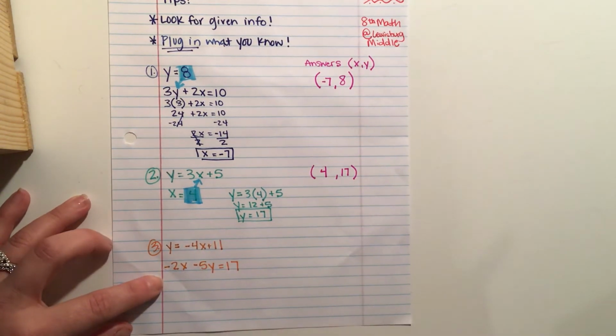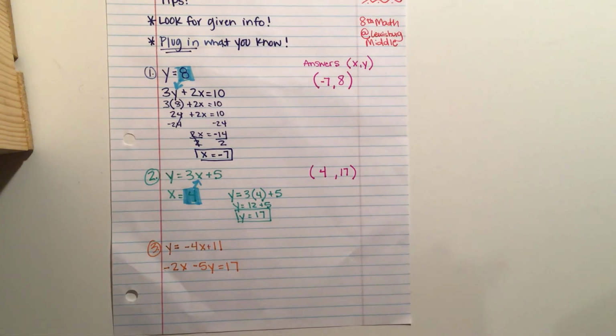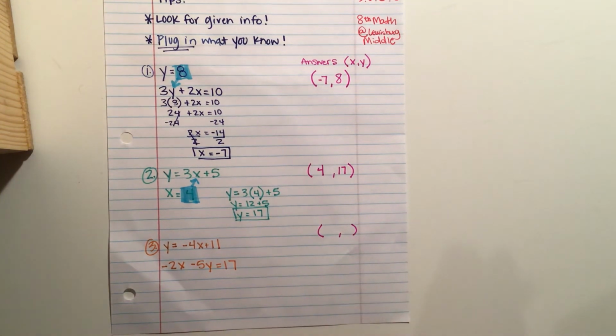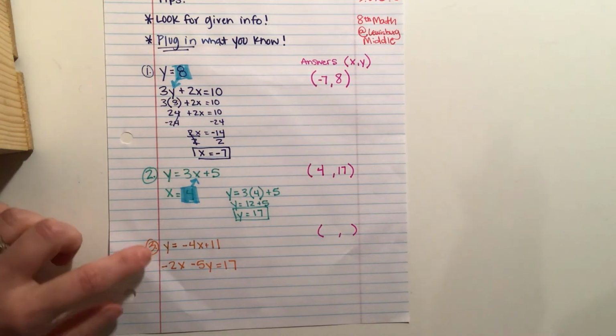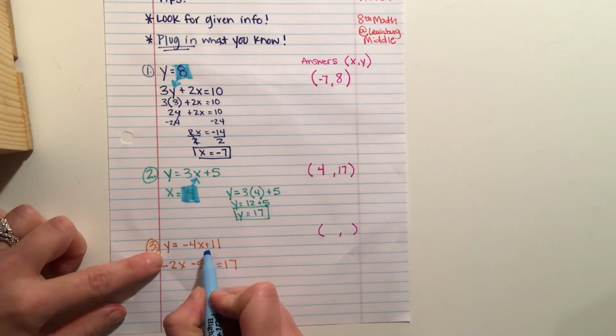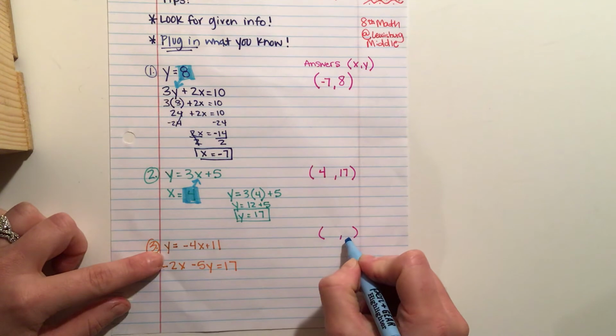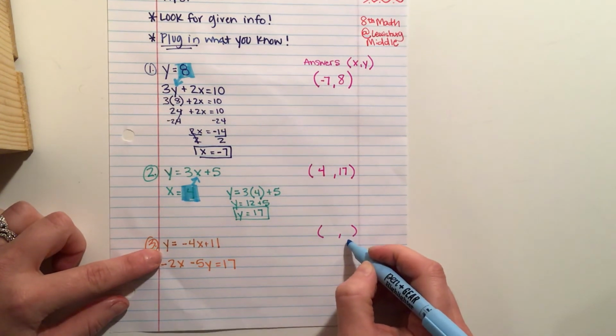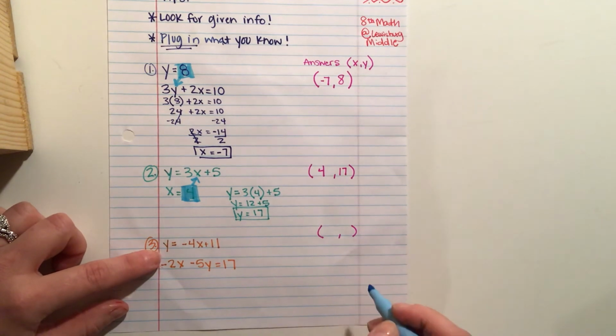Now, is there any given information that is so fast we can go ahead, take it over here, and write it in our x comma y slot? No, it is not. We have 2 problems. What we know is that y is going to equal all of this, but you cannot write that as your y slot. You're only allowed to have one number there. So we have to find out what y is.